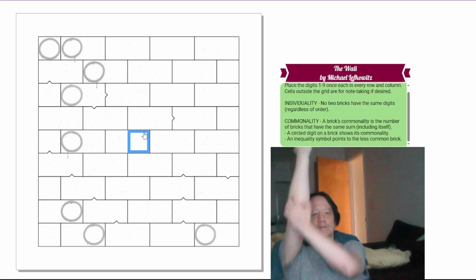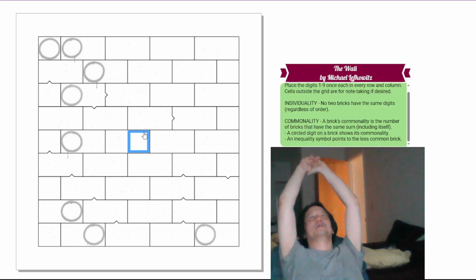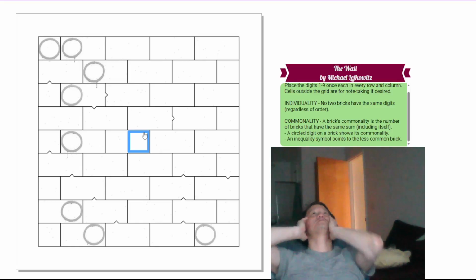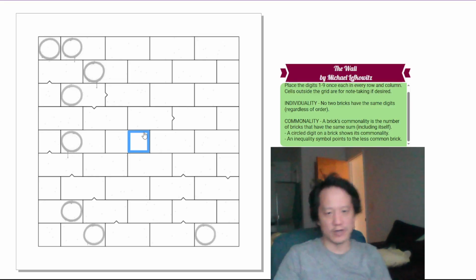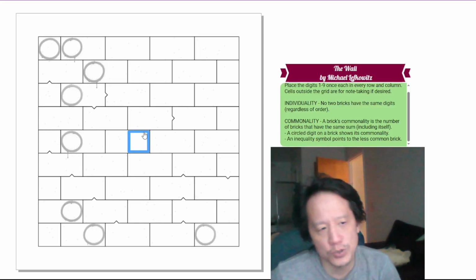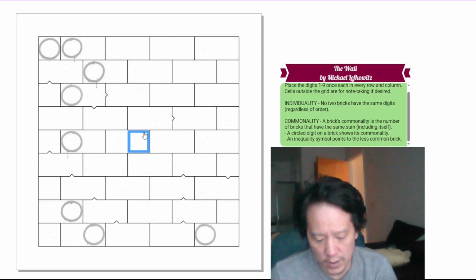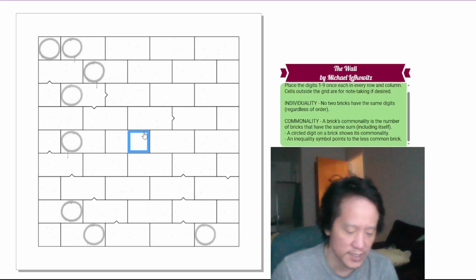So, a brick with sum 1 only has one commonality, so that's 1. Actually, it doesn't matter what the sizes are.